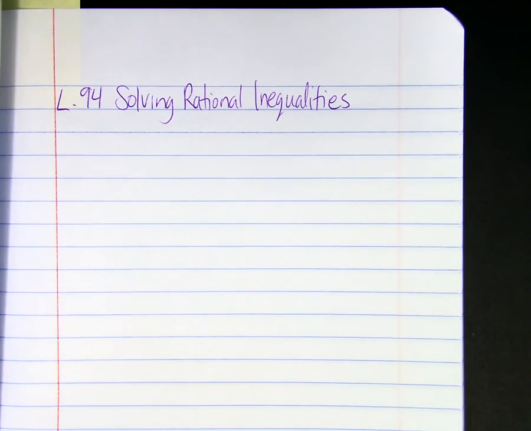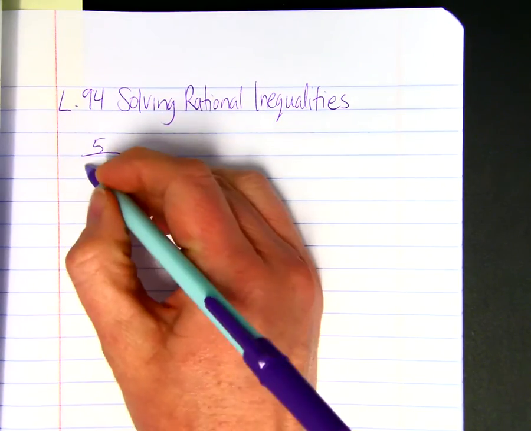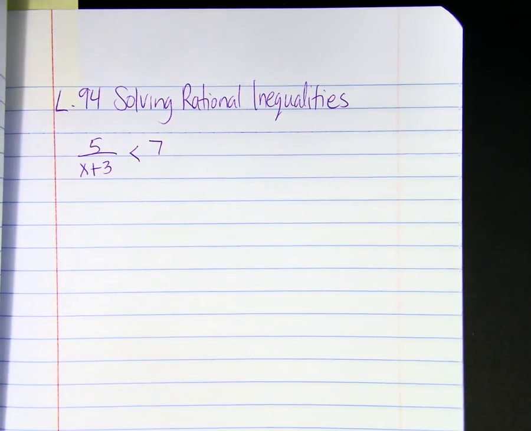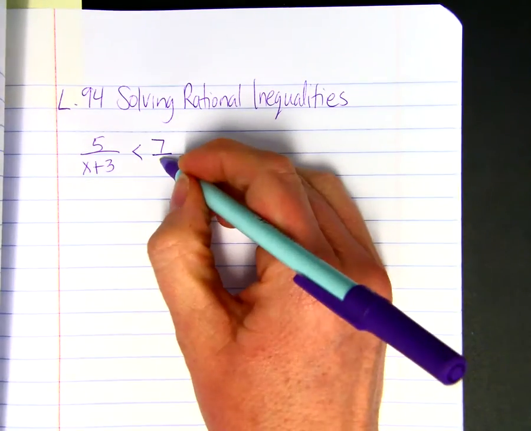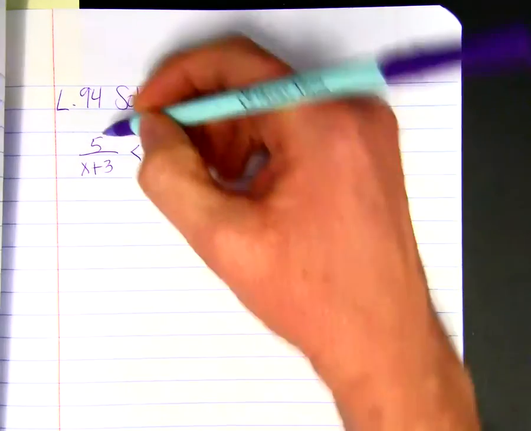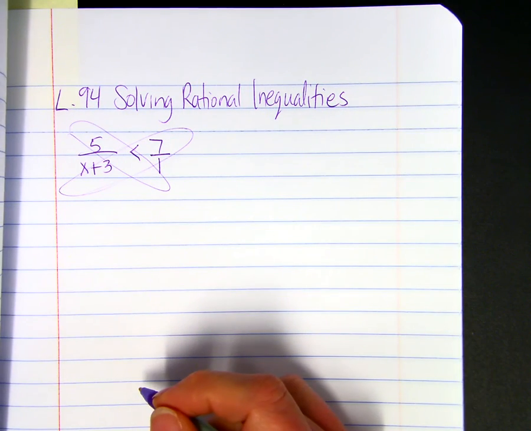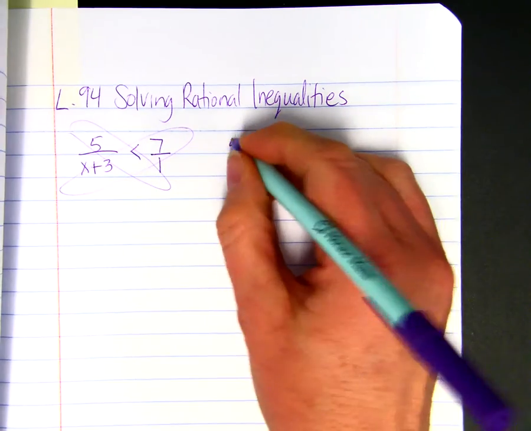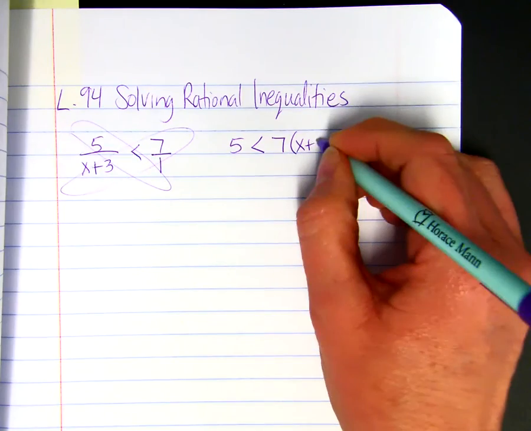So I'm just going to start right with an example of a rational inequality. 5 divided by x plus 3 is less than 7. If you remember that 7 is a fraction, 7 over 1, you can just cross multiply and get 5 times 1 is less than 7 times x plus 3.